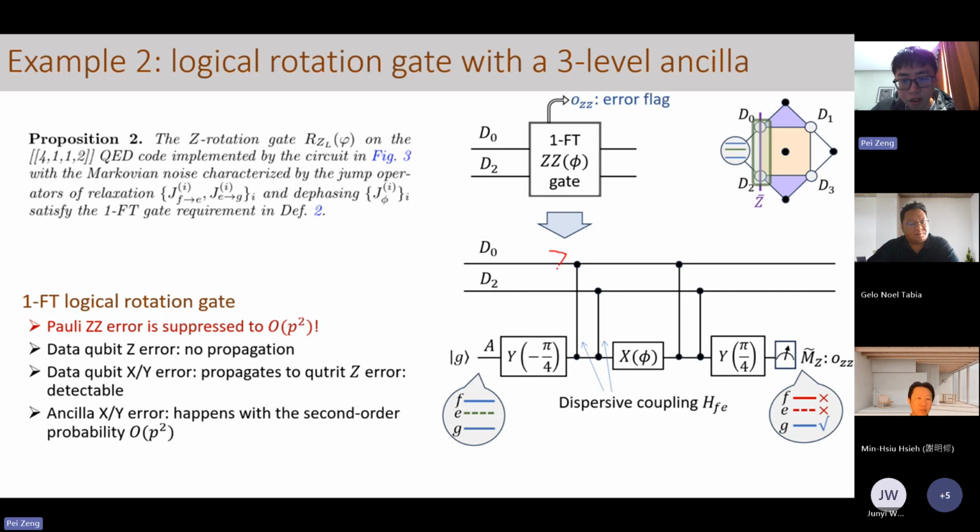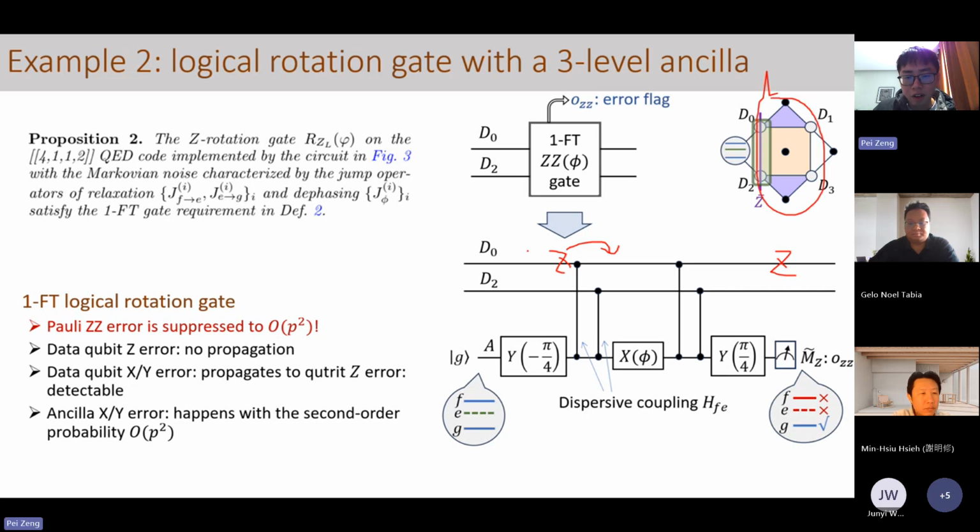Suppose you have a Z error here, and this Z error will not propagate, so the errors commute with these CZ operations. So this will just be a Z error at the end of the circuit, and the single Z error can be captured by these error detections.